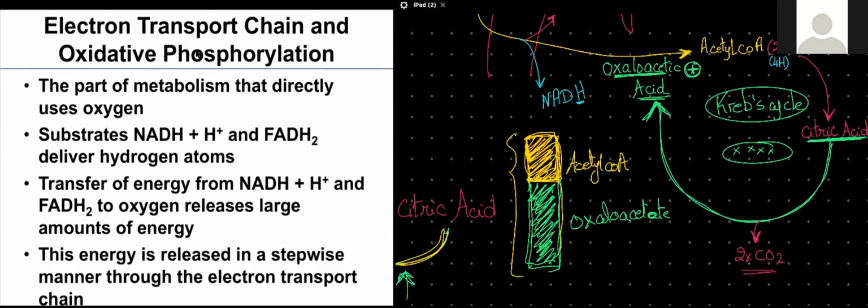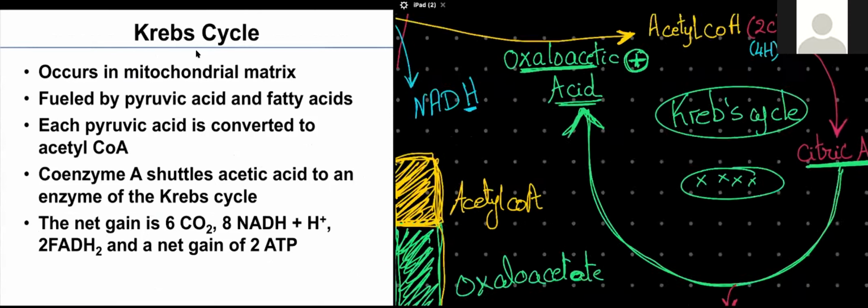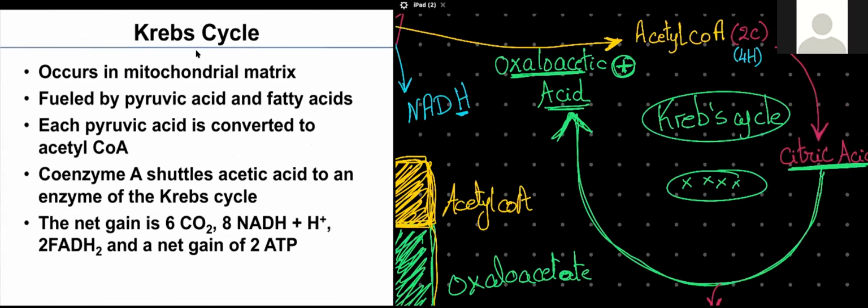And how many hydrogens do you expect to lose through the Krebs cycle? Remember, acetyl-CoA through this specific part of the Krebs cycle. How many hydrogens did we start with? 4, right?